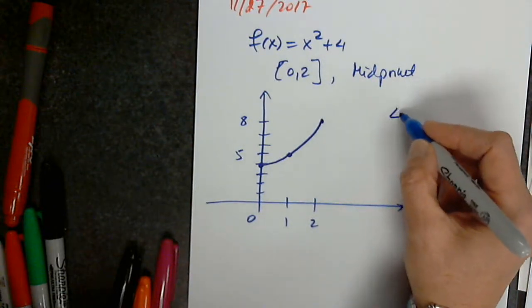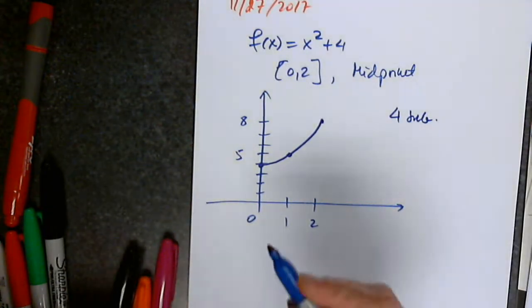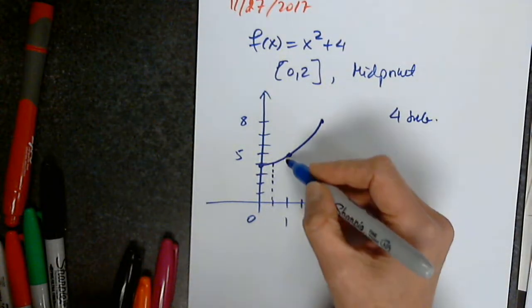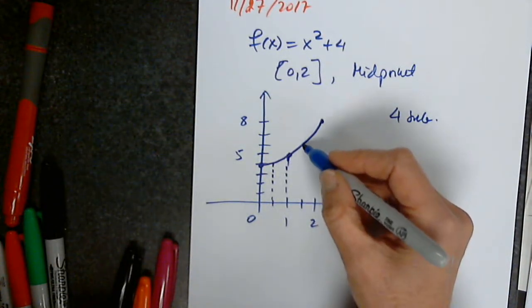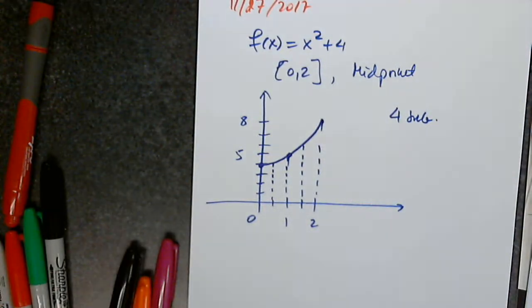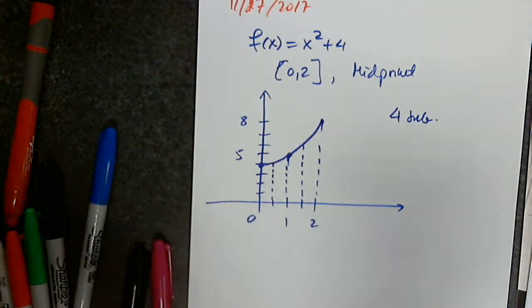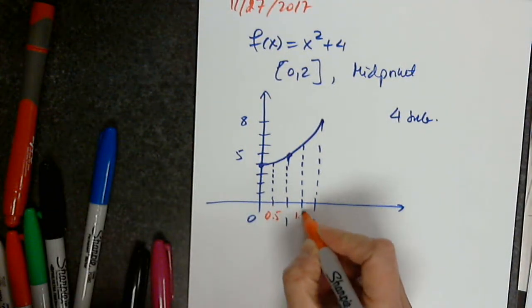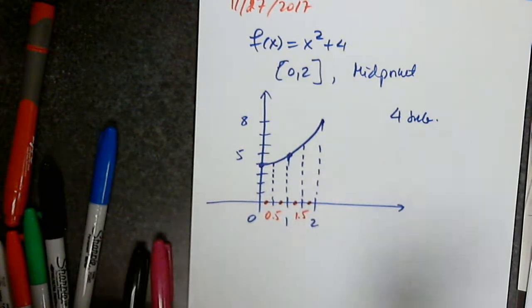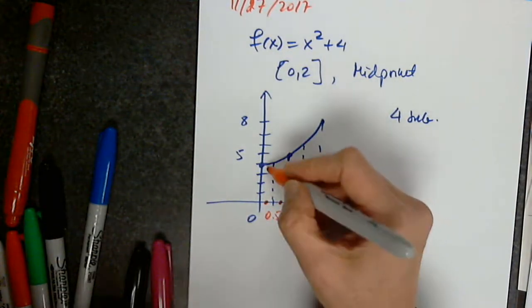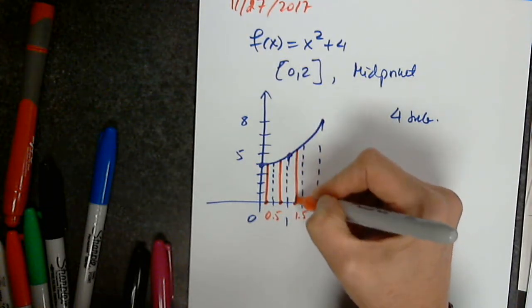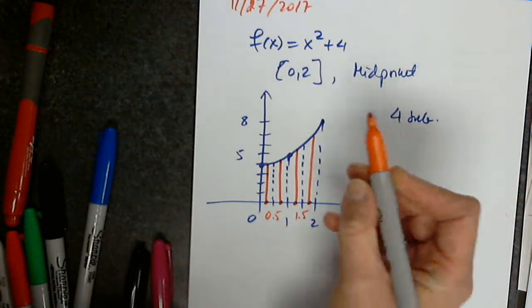I'm asked to use 4 subintervals. So these are the 4 subintervals. Obviously this is 0.5 and this is 1.5. So this and this are the midpoints. This will be the height, this will be the height, this will be the height, and this will be the height.